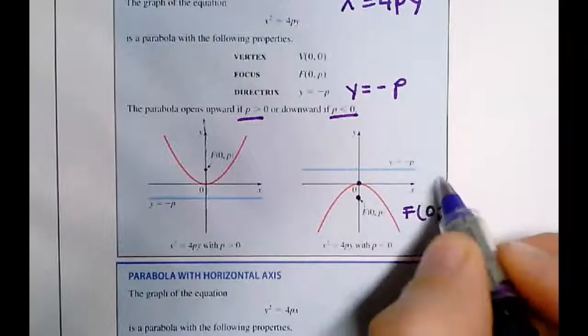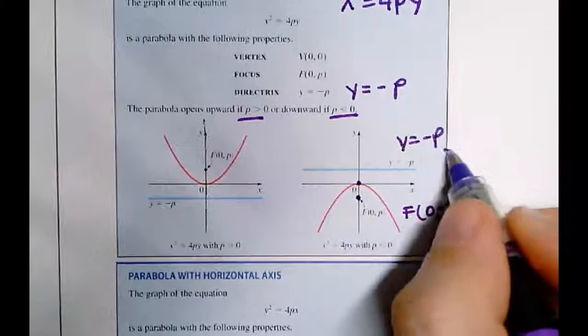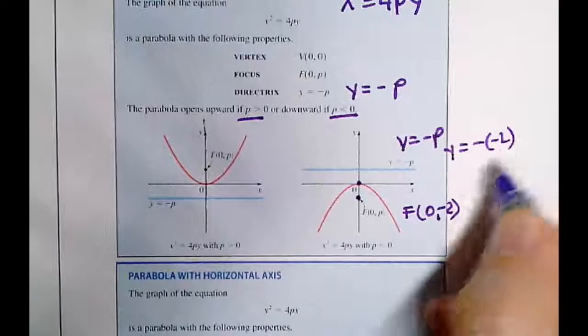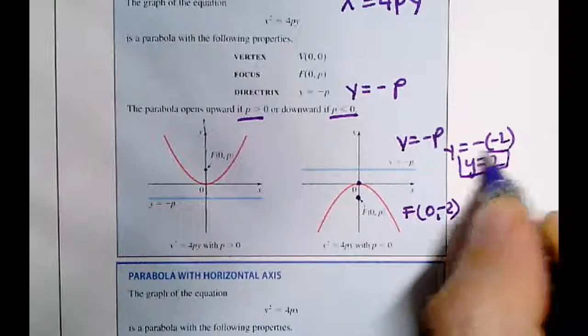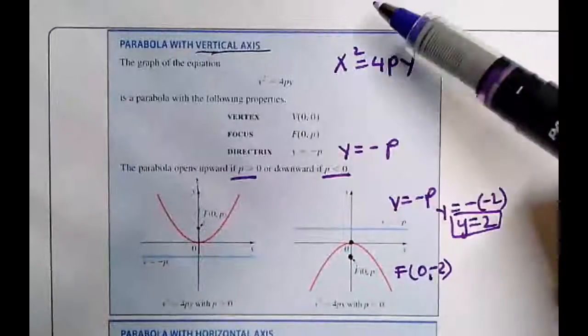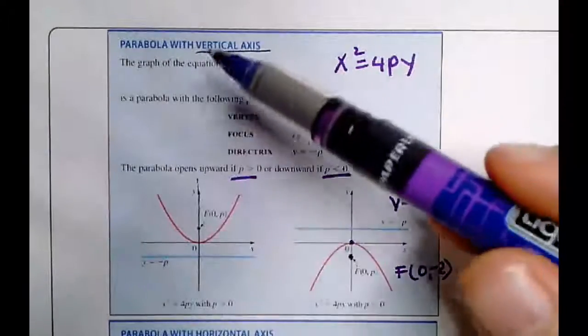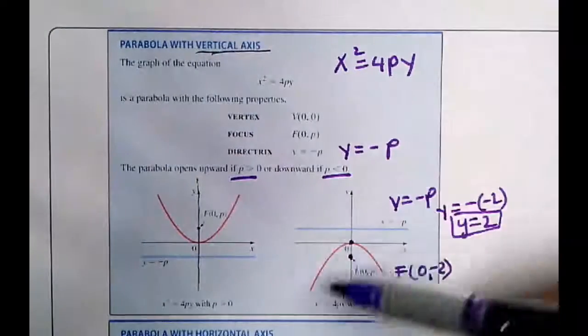So then the equation of the directrix will be y equals negative p. So in that case, for example, it would be y equals 2. Okay? So when you have something of the form x squared equals 4py, it's going to be a parabola with vertical axis, either opening up or opening down.